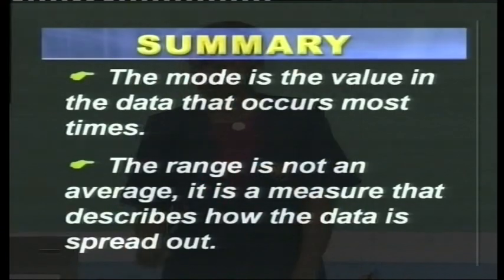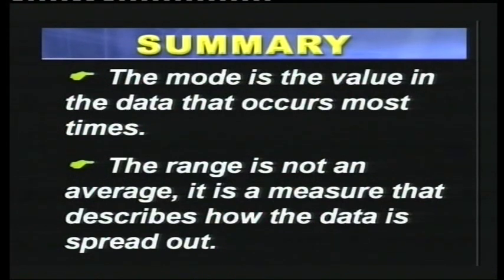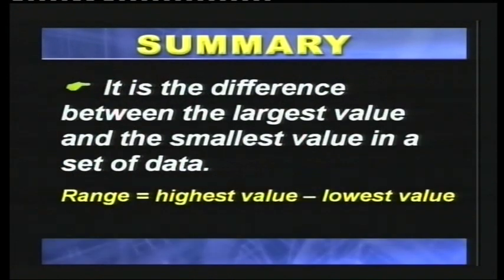The summary point is now on the PowerPoint. One, the mode is the value in the data that occurs most times. Two, the range is not an average. It is a measure that describes how the data is spread out. It is the difference between the largest value and the smallest value in a set of data.